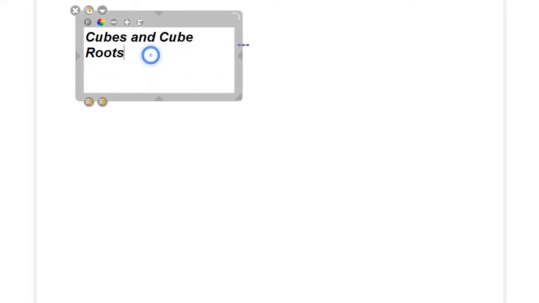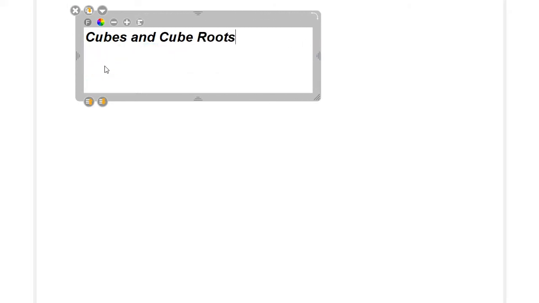Today we'll be learning about cubes and cube roots. So to find out the cube of a number, let's say 2 cube.